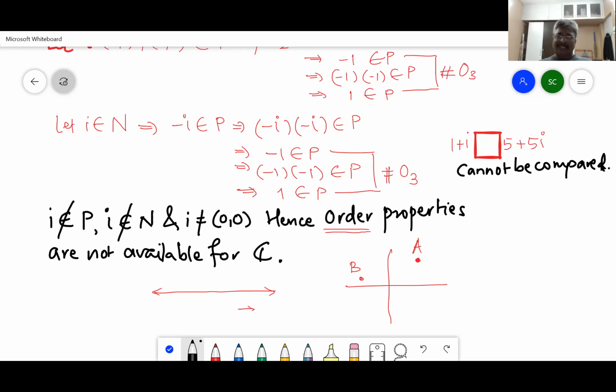Therefore, that is a correct answer, but a better answer is that you cannot compare the greaterness or smallerness of two complex numbers. Ever. In the 11th standard, if I ask you this question, in the later part of 11th standard or beginning of 12th standard, a few of you will end up saying that 5 plus 5i is greater than 1 plus i.